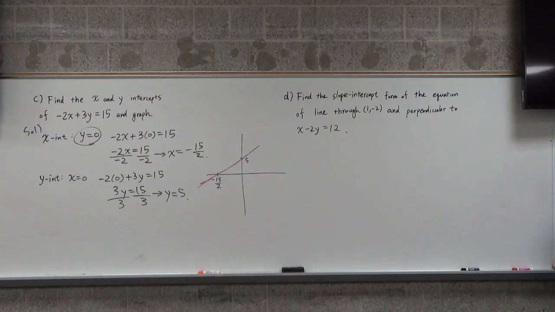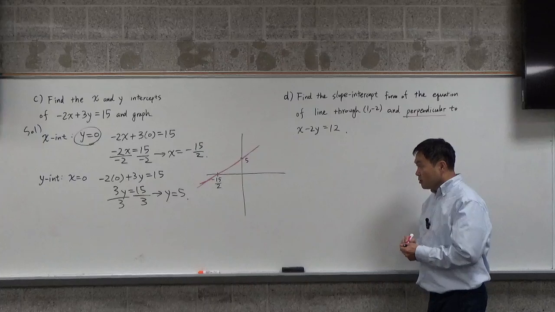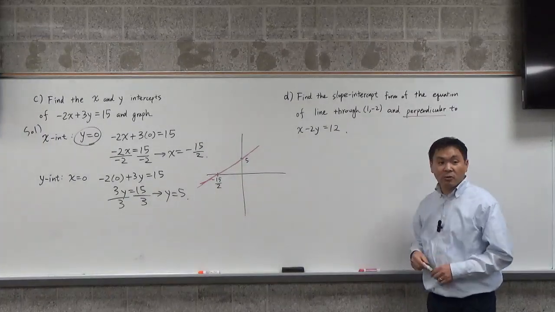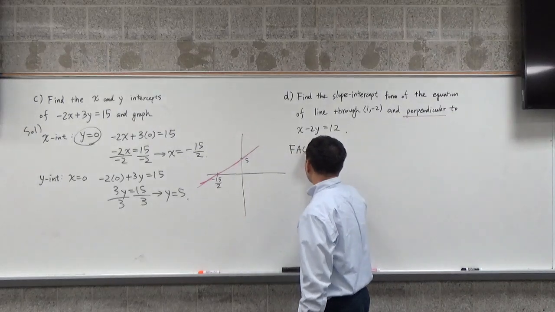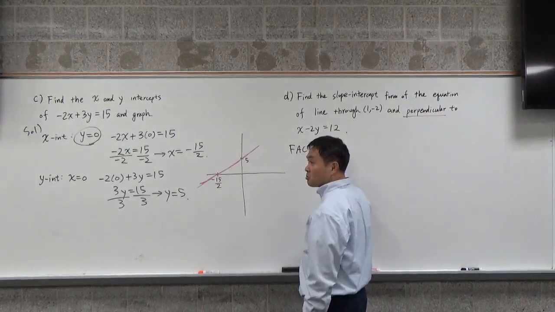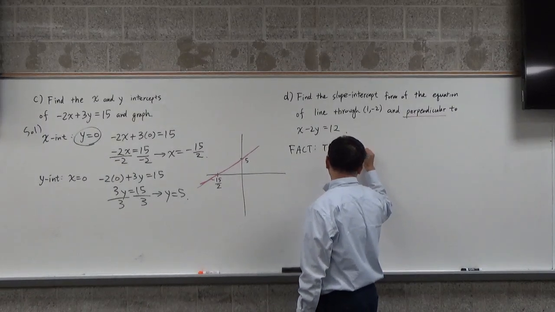For the second question, the key word is perpendicular. So we need the fact before moving on to solve this. What is the fact about perpendicular slope? So the perpendicular slope is what?